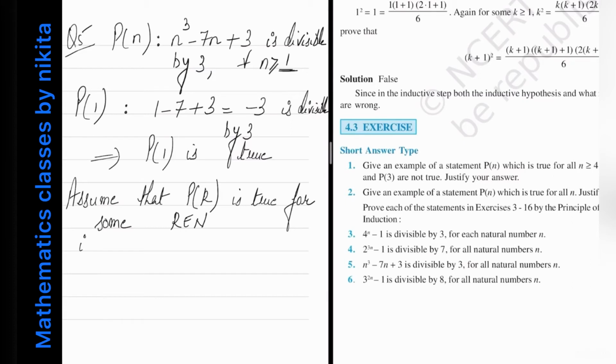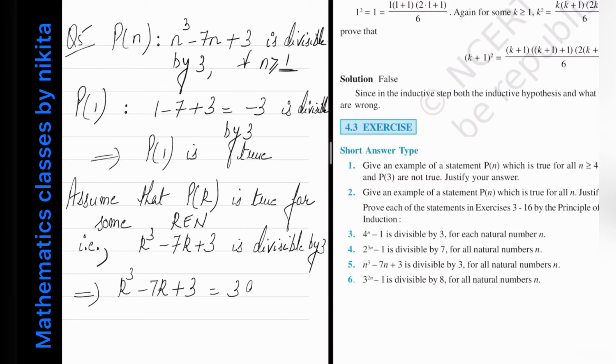तो यहाँ से मेरे पास क्या आ जाएगा? Assumption से that k cube minus 7k plus 3 is divisible by 3, and this implies that k cube minus 7k plus 3 is equal to 3 times q.